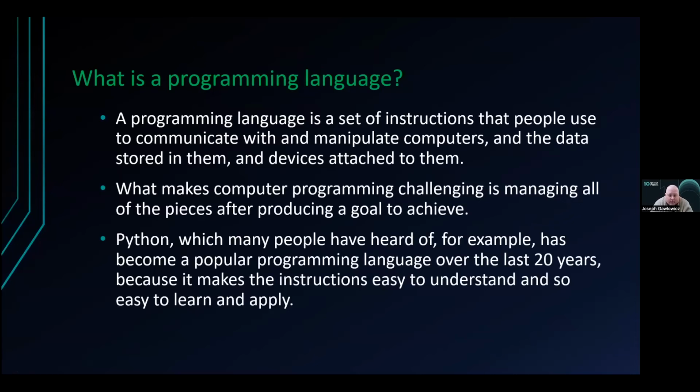They're just a machine, and they only operate as well as the instructions given to them. Okay. So the particular challenge of computer programming is really driving the machine to do what you want it to do towards the goal you want to achieve.